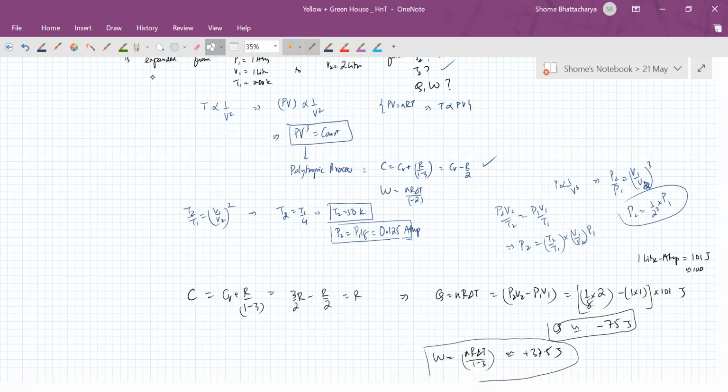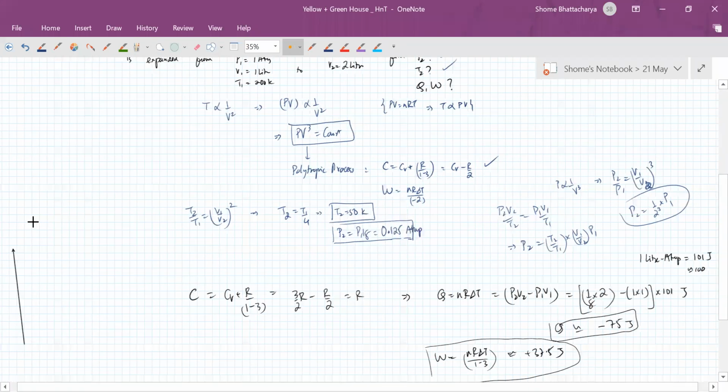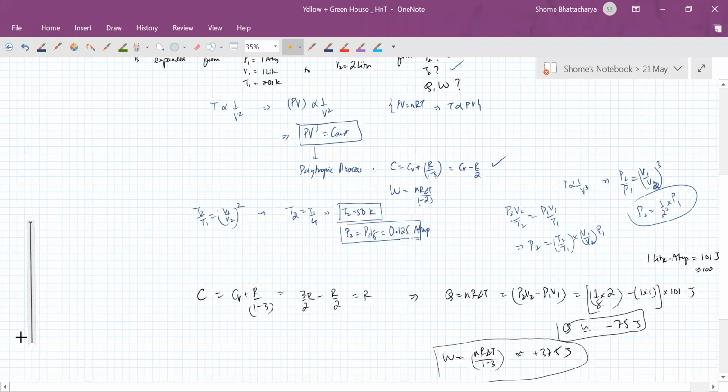So if you visualize the PV graph of this particular process, it's a very extreme kind of situation.